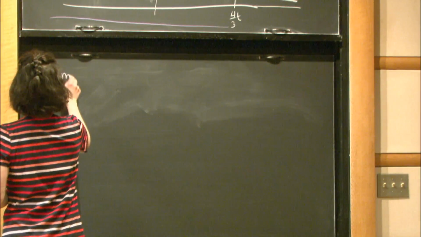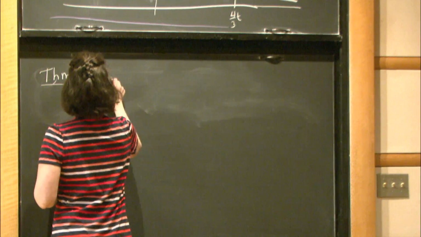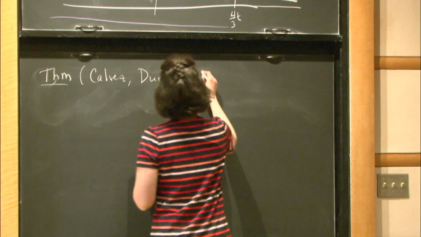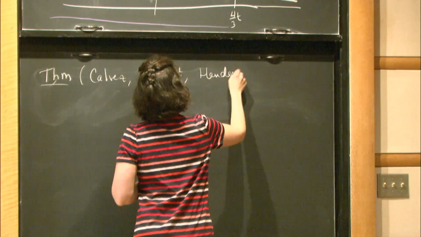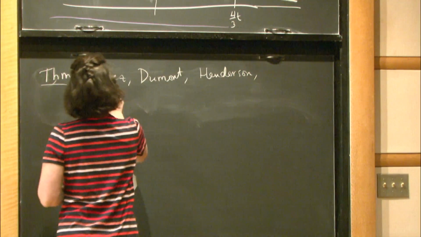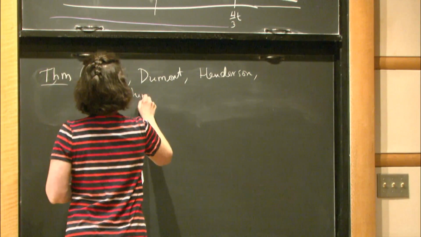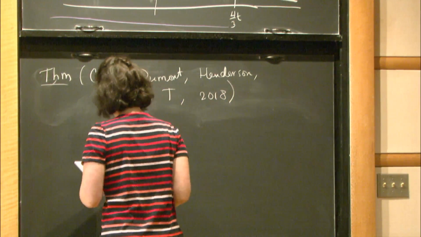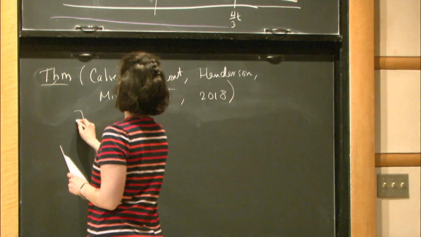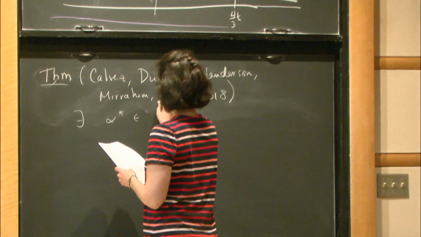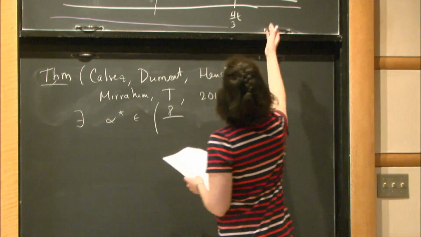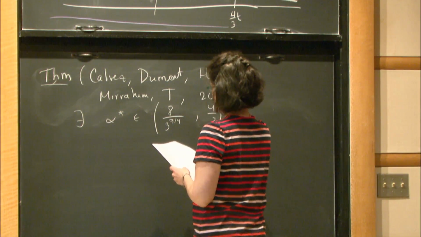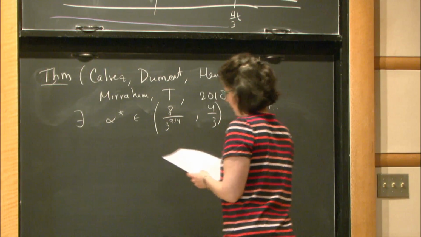So theorem, this is Calvez, Mond, Henderson, Mirahimi, and myself from late last year. So there is an alpha star in this range, and strictly in this range.